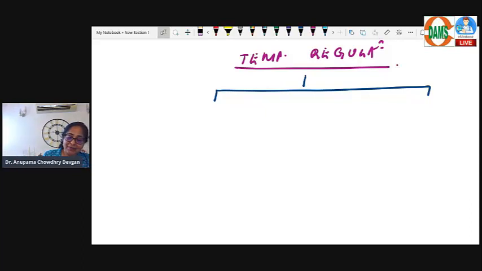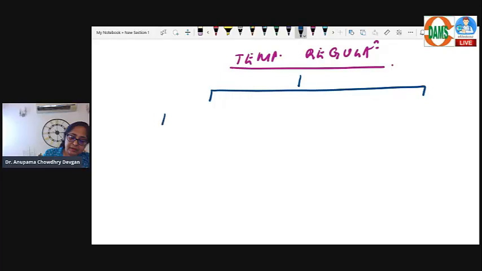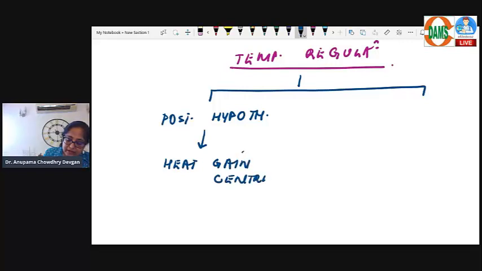Now, there are two parts of the hypothalamus. The posterior hypothalamus, which is the heat gain center.